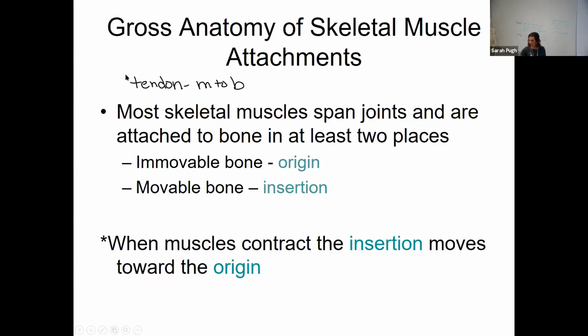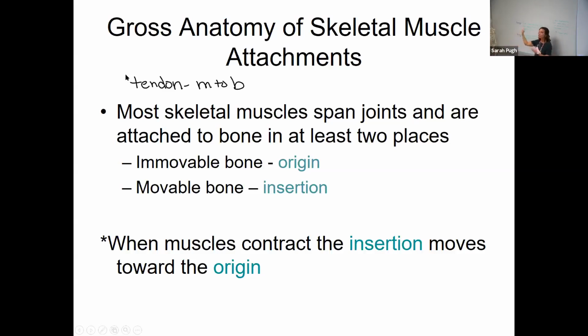Okay. Now remember, we're going to talk about these terms. I mentioned them in the last chapter when we did joints. I'm mentioning them now, and I'm going to mention them again in the next chapter, chapter 10, when we do whole muscles. Remember, your skeletal muscles, where they attach on your skeleton, they're always going to span a joint, right?